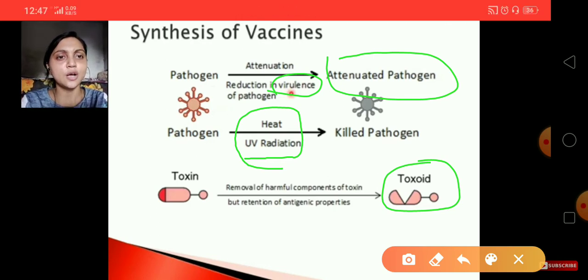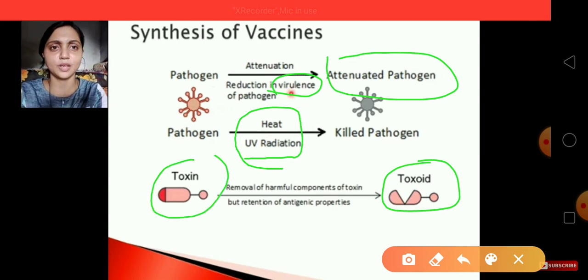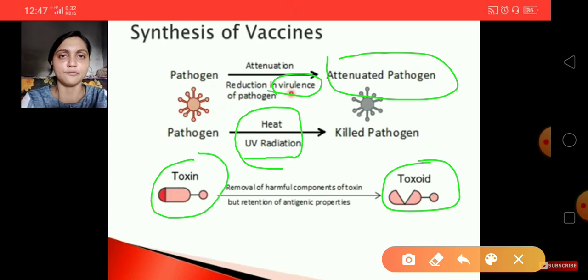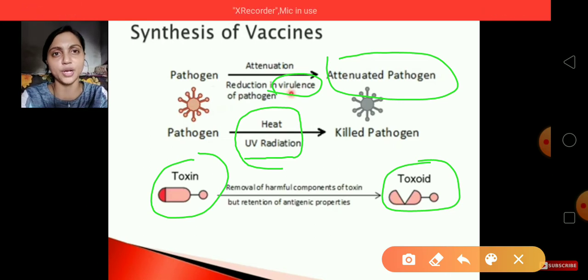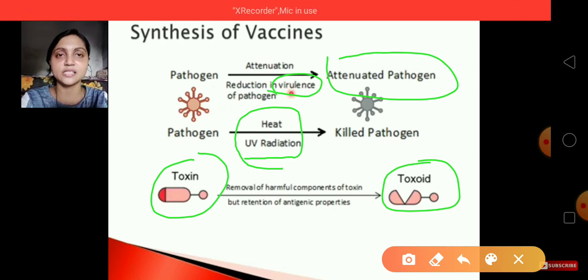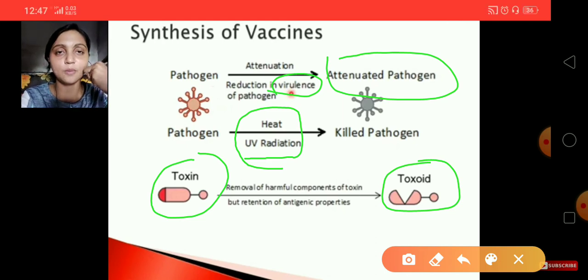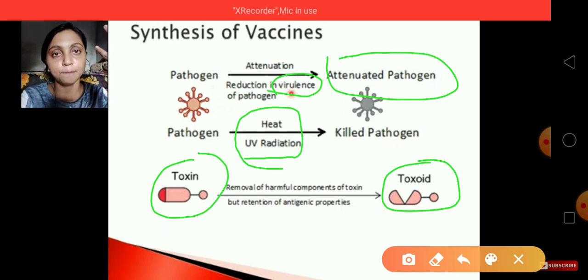Now in the case of a toxoid, you have the toxin, and you have removed all the components which are toxic in nature. So you are using a pathogen from which you have removed all the pathogenicity. That means the pathogen is now vacant. It only consists of the nature of the antigen, but the antigen will not cause any kind of disease.